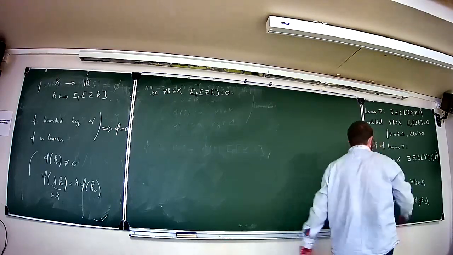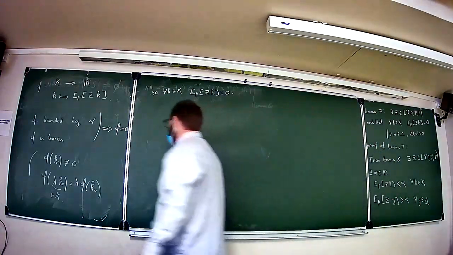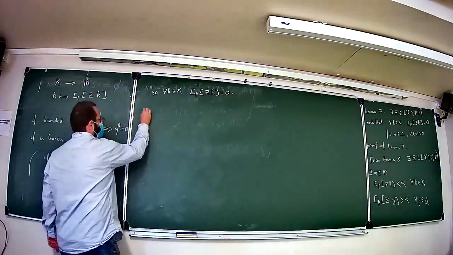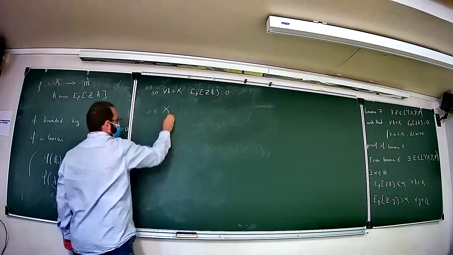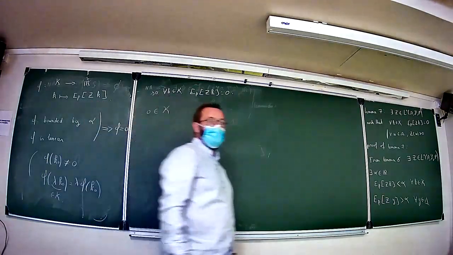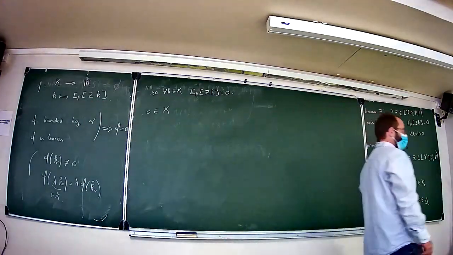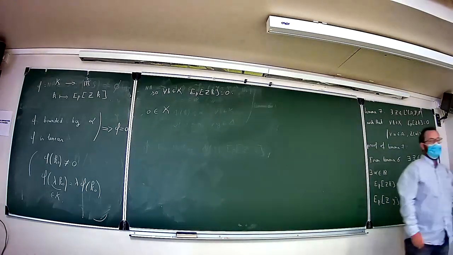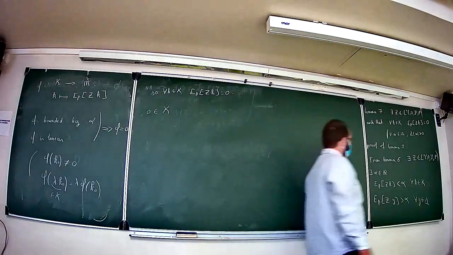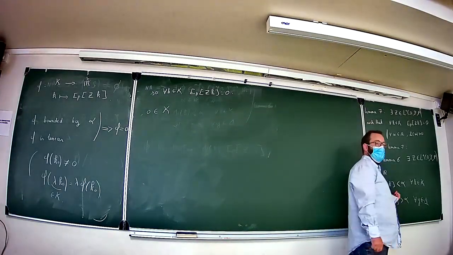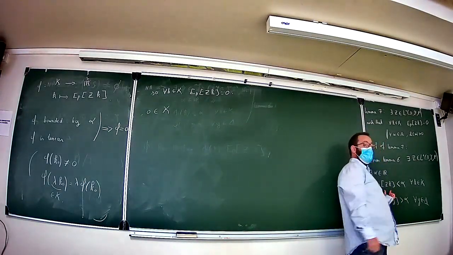First remark. I know that 0 belongs to calligraphic K because calligraphic K is a vector space, so 0 is inside. And so if I plug this element here, I have the right to do it.